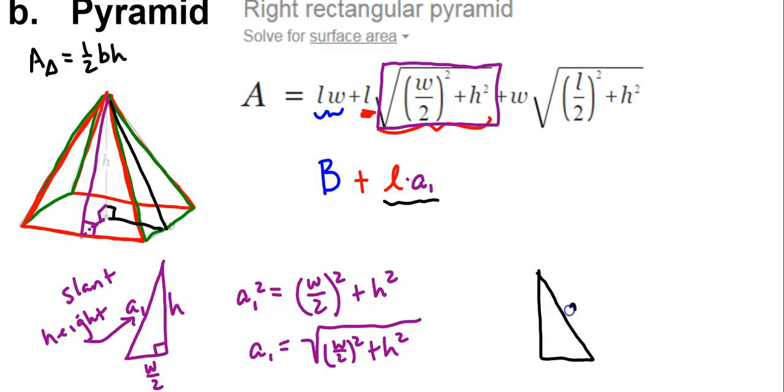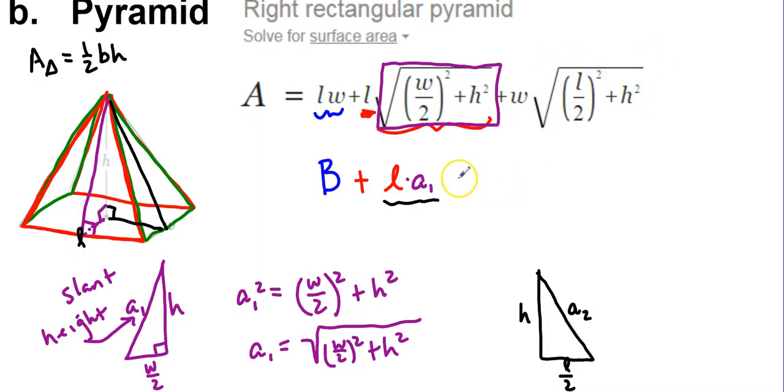And this is now the slant height of these other two opposite faces, the left and the right, if you want to think of it that way. And this piece right here is the height of the pyramid. This guy down here is not W over 2, but we're going this way. So it's now half the length. So this would be length over 2. So again, we can go through a similar process, use the Pythagorean theorem, but that's where this piece right here comes from.